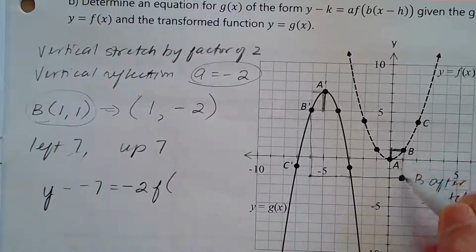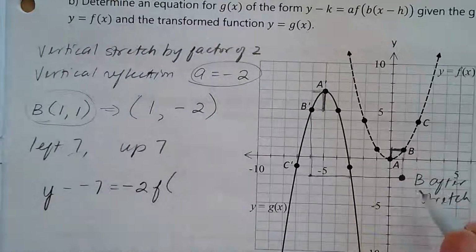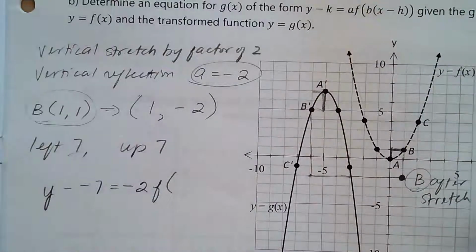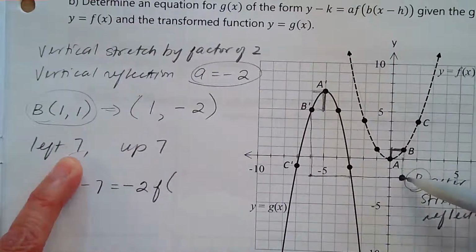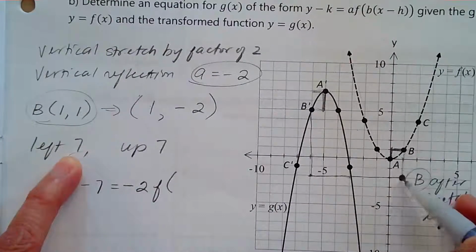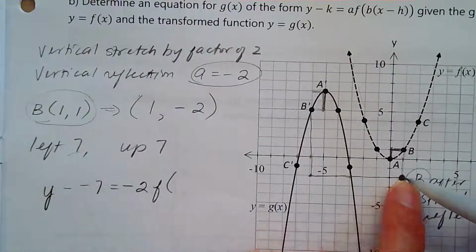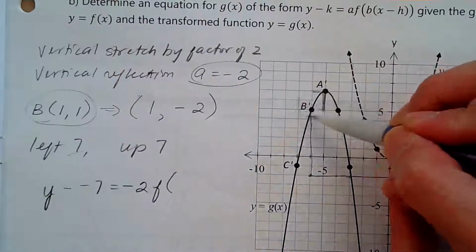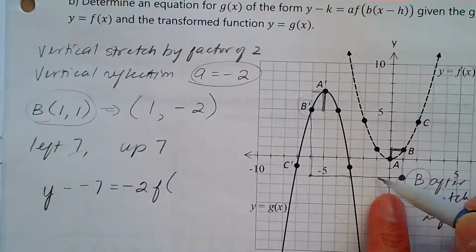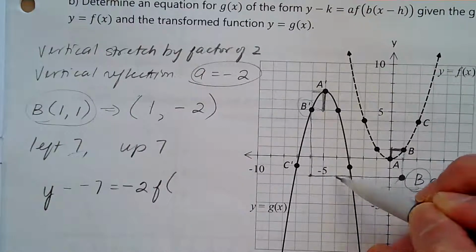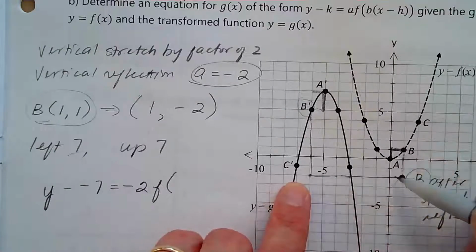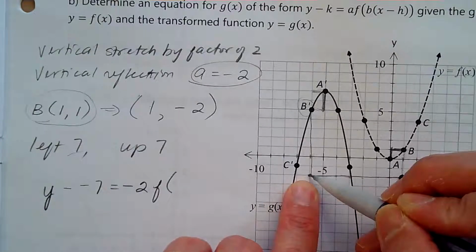Now this is where the B is after the stretching and reflection. This is not the final destination because the final destination is up here. So you go 1, 2, 3, 4, 5, 6, 7 to the left, left 7.